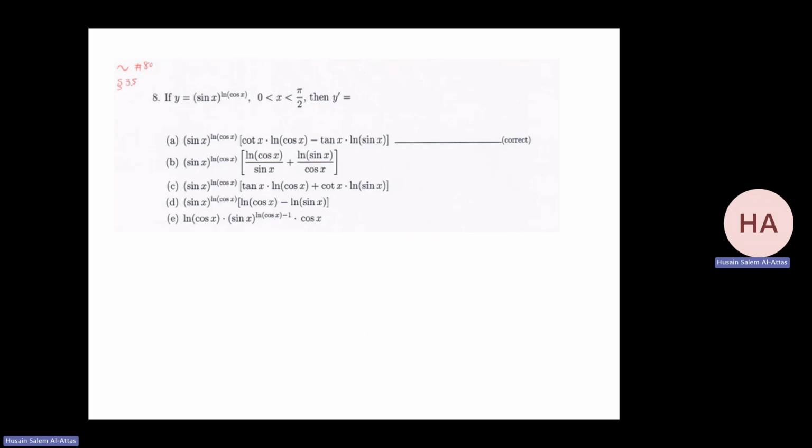If y is cosine x to the power ln cosine x, then y prime, take ln of both sides. Ln y will be ln cosine x, ln sine x. Differentiate with respect to x. So I have y prime over y equal: this is cosine x minus sine x times the other function plus ln of cosine x, here I have sine x, here I have cosine x.